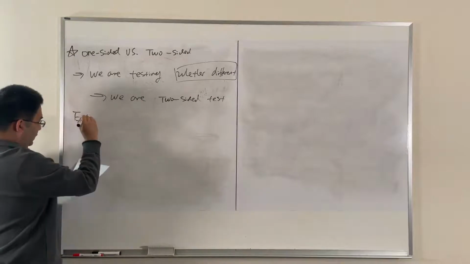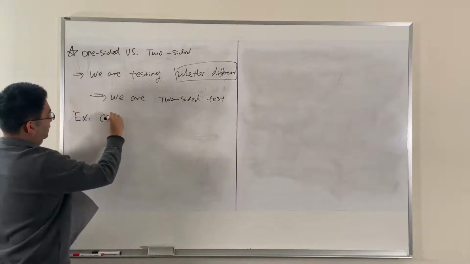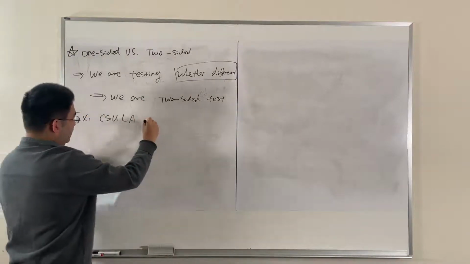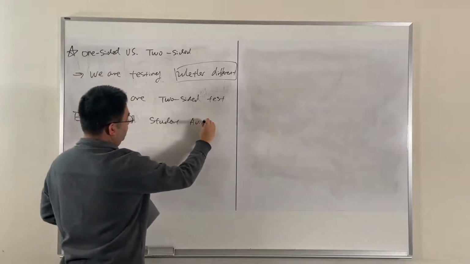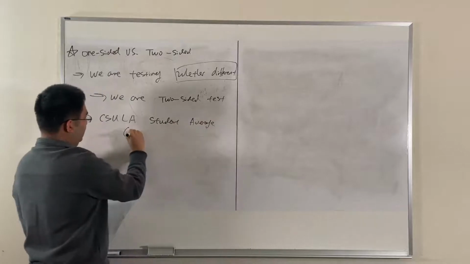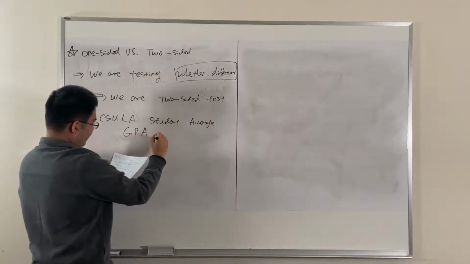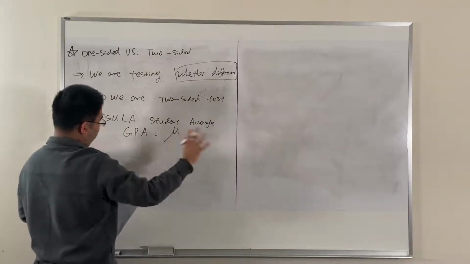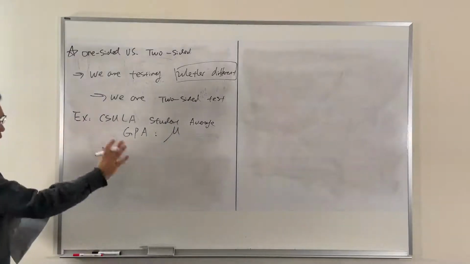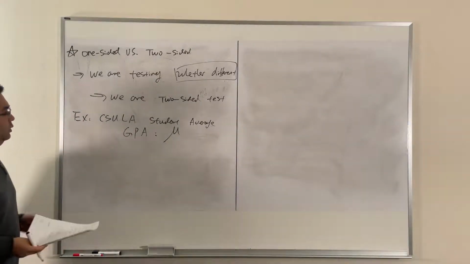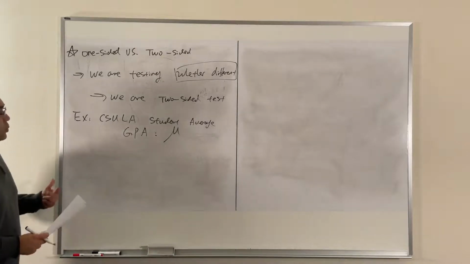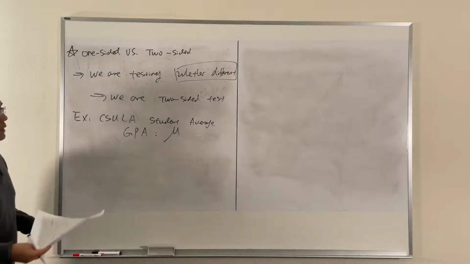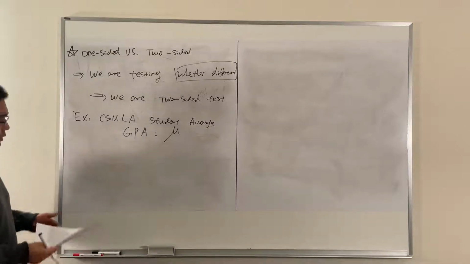Okay. Let's say the Cal State University Los Angeles student average GPA is mu, just a number for the whole student population, and we want to test whether econ students have a different GPA than the population average.